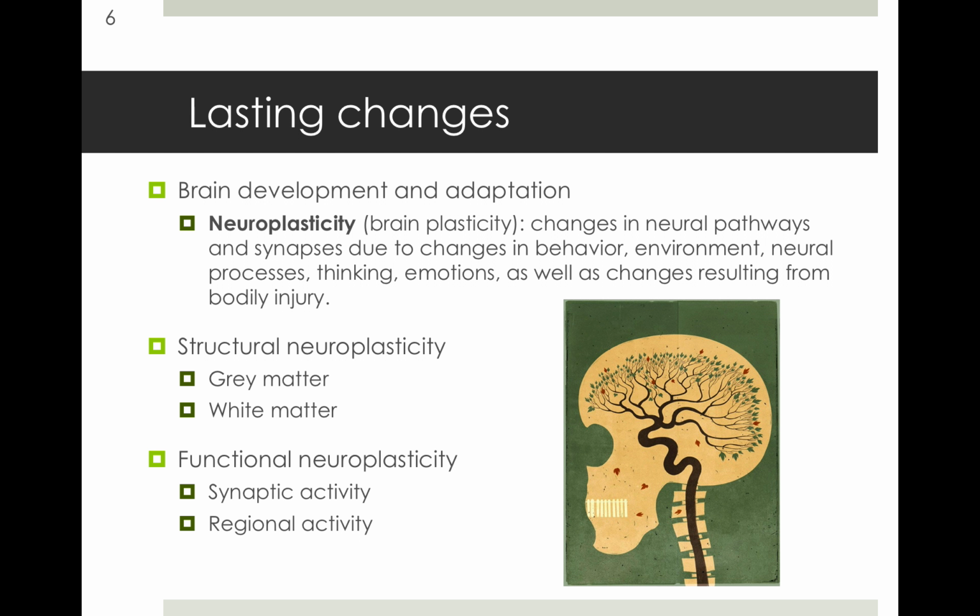And so the major buzzword, right, is neuroplasticity, or brain plasticity. And that refers to changes in the neural pathways and the synapses as a result of changes in behavior as well as environment, and also the cognitive processes that might be going on. On the other hand, these neuroplastic changes can also result from adaptations due to bodily injury, right?